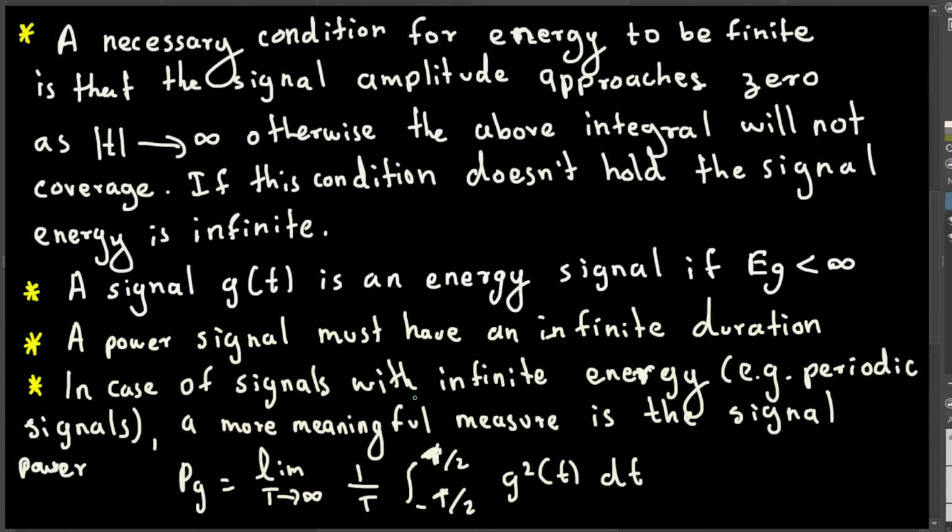In case of a signal with infinite energy, for example periodic signals, a more meaningful measure is the signal power. Pg is equal to the limit as T approaches infinity of 1 over T times the integral from negative T/2 to T/2 of g squared of t dt.